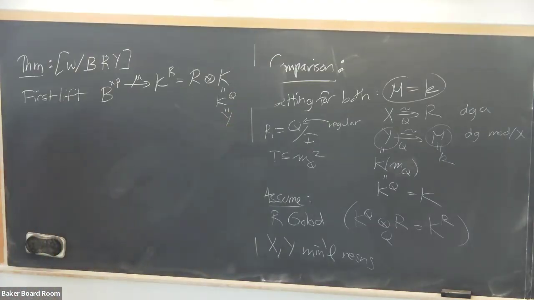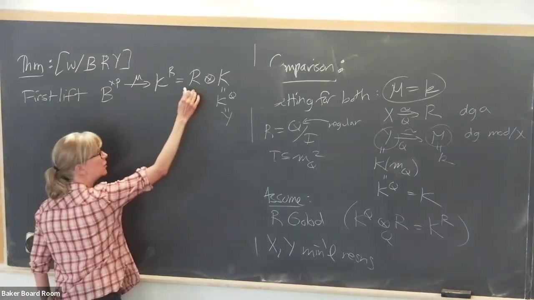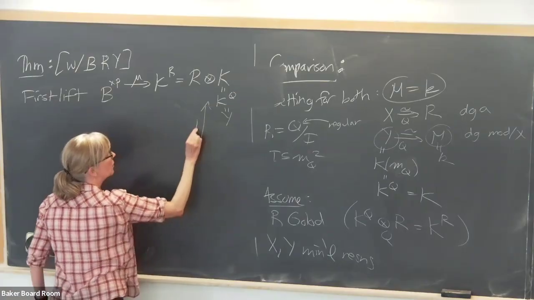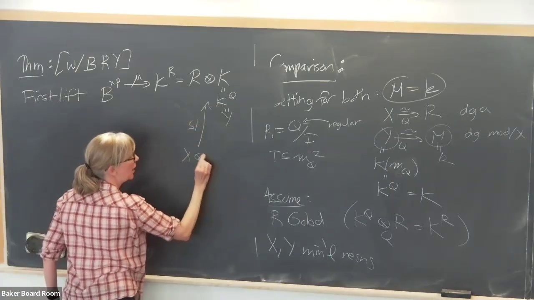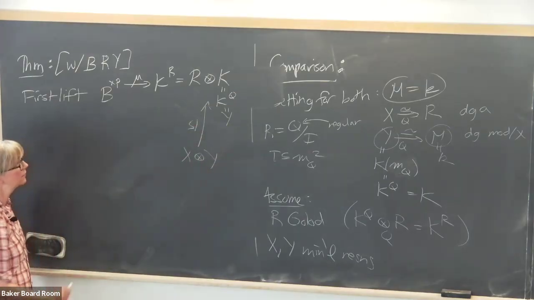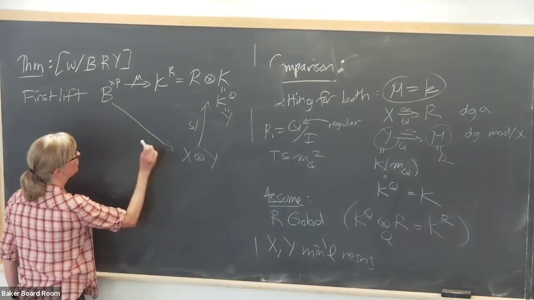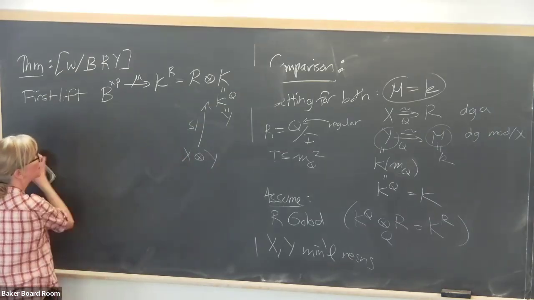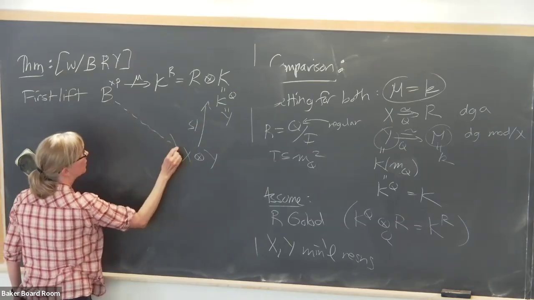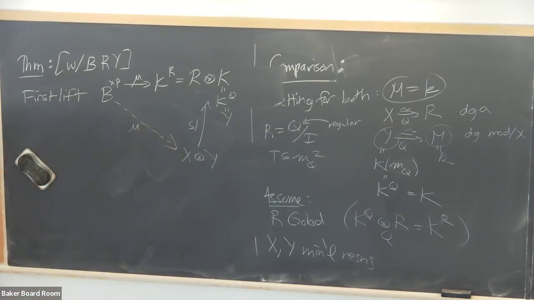But we're trying to get to the bar resolution, which has X's and Y's, not just R's and Y's, but X is a resolution of R. So this is the same as X tensor Y. And so one can lift, let me put a dotted line, and get a kind of lifted Massey operation.